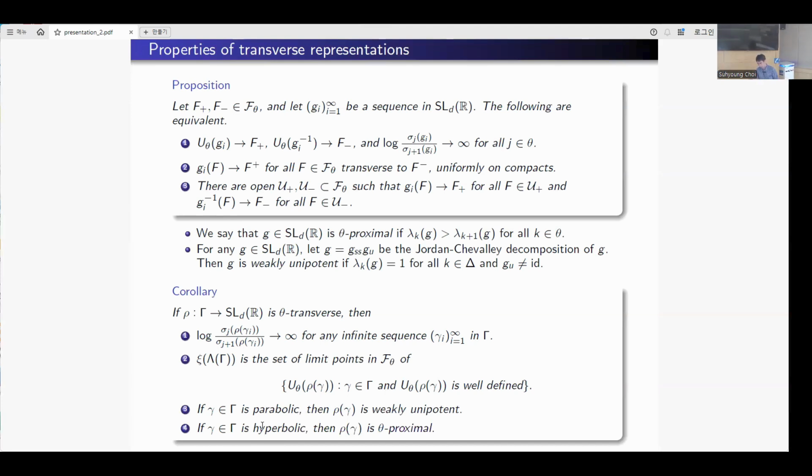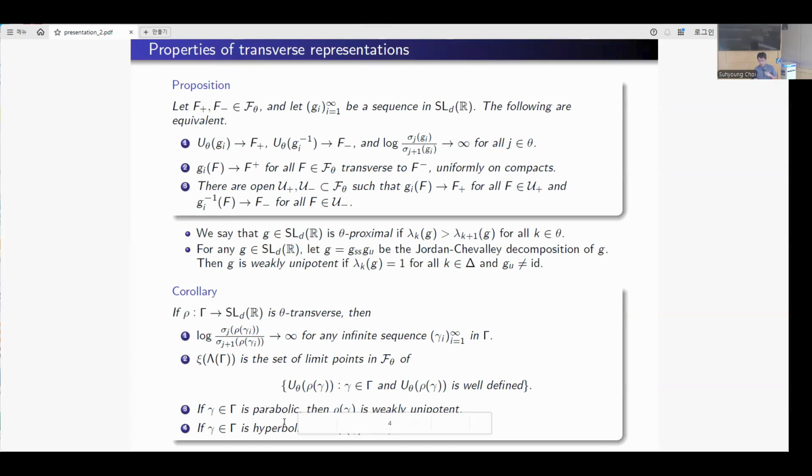And where do these two facts come from? Basically, if you look at your little gamma in big Gamma, if it's parabolic, it's going to have a unique fixed point in Lambda_Gamma. So if you apply this proposition to the sequence of rho(gamma_i), which are just the powers rho(gamma)^n, in that case your F plus and F minus will be the same point.